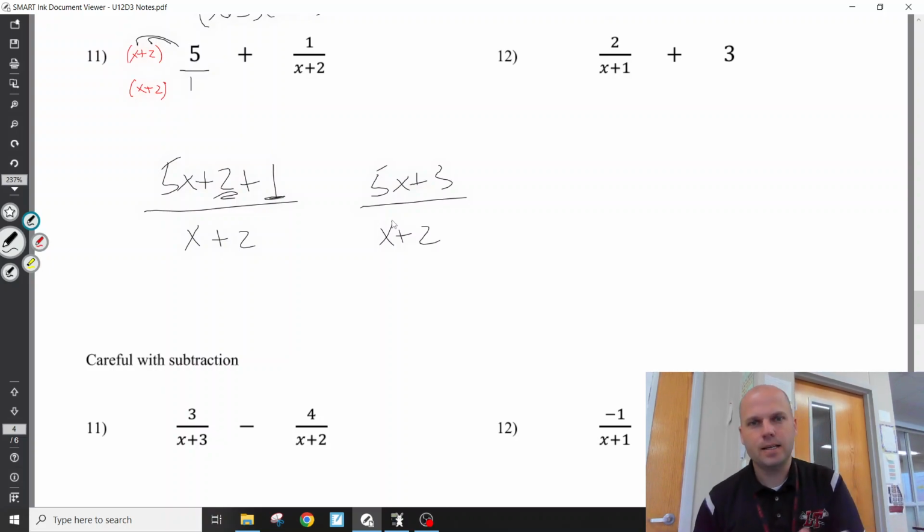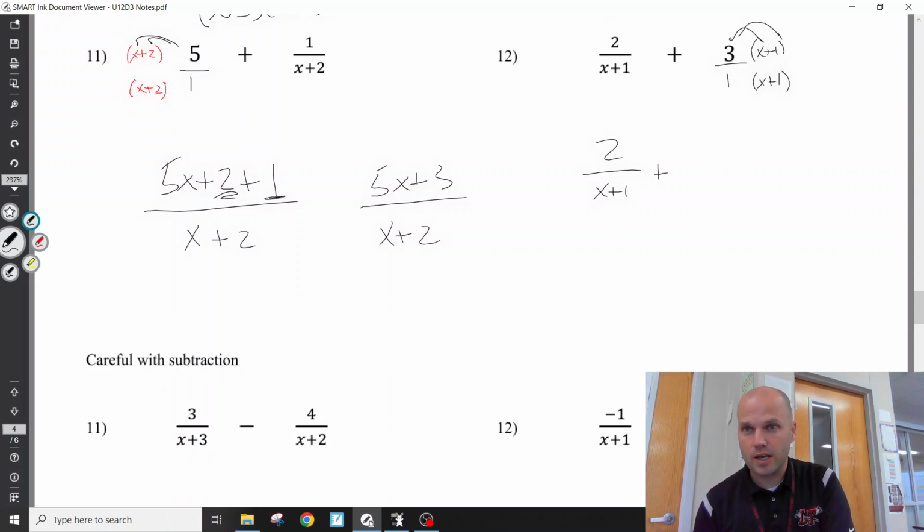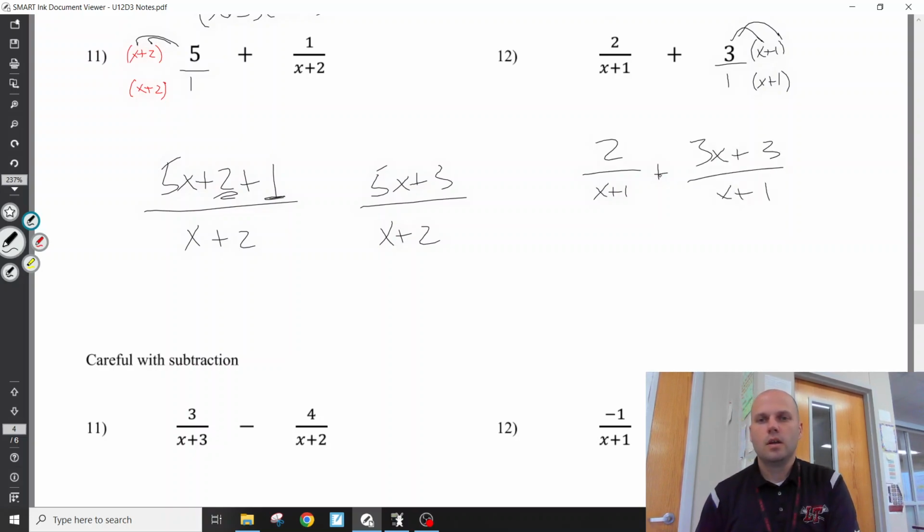We want to add this to that. Well, turn this into a 3 over 1. Get a common denominator. Multiply by x plus 1, multiply by x plus 1. 2 over x plus 1 plus, distribute this. I mean, I guess I can show both steps. 3x plus 3 over x plus 1. Now add.